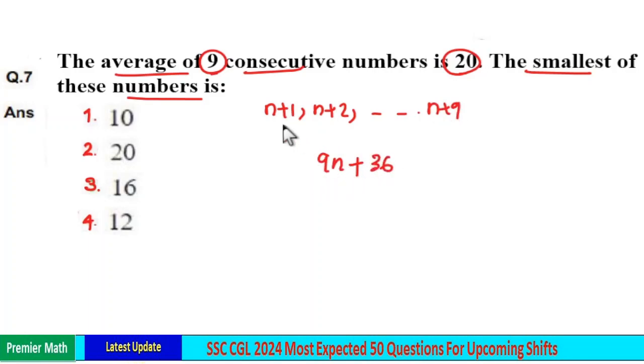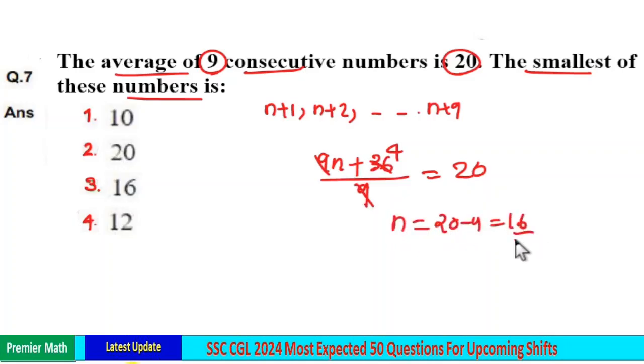Now, sum of 9 numbers is equal to 9n plus 36 divided by total numbers are 9. So, average is 9n plus 36 by 9, which is 20 in question. Which means here 9 goes 1 times in 9, 9 goes 4 times in 36. Which means n is equal to 20 minus 4, 16. So, option 3 is your answer.